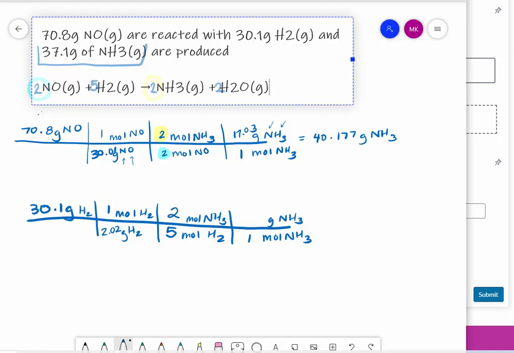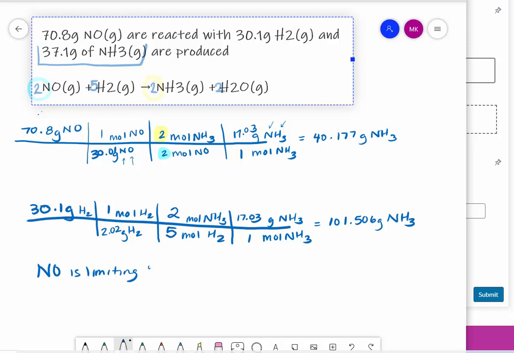And then we use the same formula mass for ammonia there. And when I do that arithmetic, I get 101.506 grams of ammonia that are possible. Now that means our NO is limiting because we make less product with that reactant.